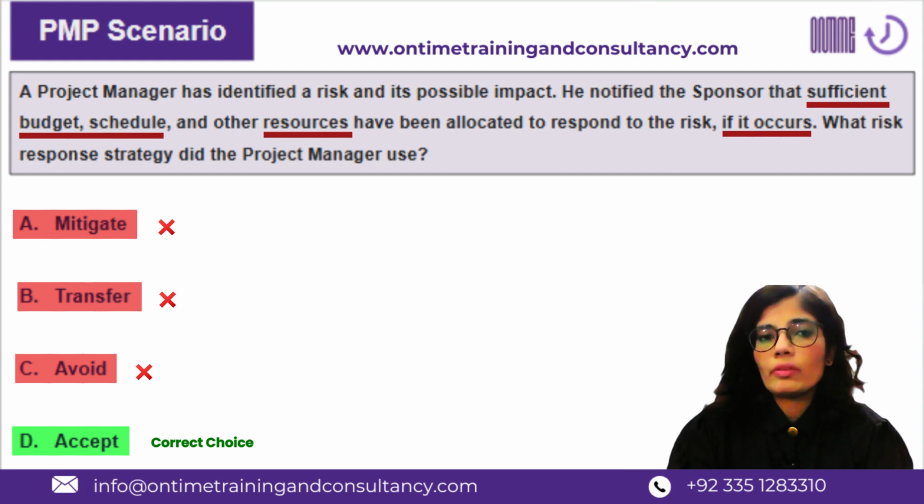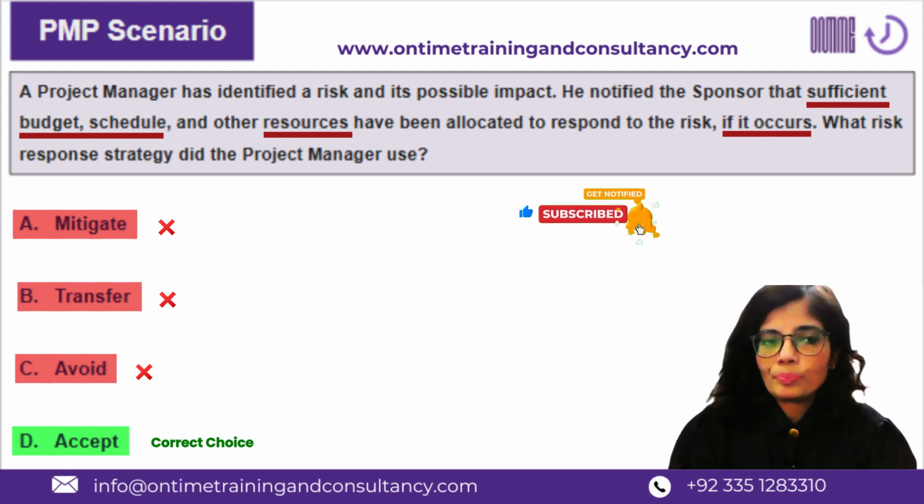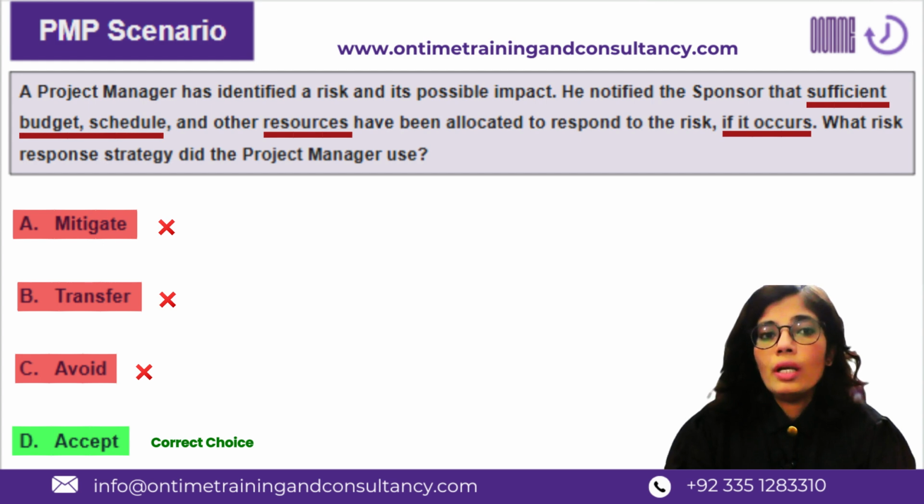In active acceptance, you again are not doing anything beforehand to prevent or reduce the chances or impacts of that risk, but you are keeping some contingencies and reserves in the form of budgets, resources, or schedule. In case the risk occurs, those contingencies are going to be utilized, which is active acceptance. So this is particularly a scenario of active acceptance, or generally the scenario of acceptance.